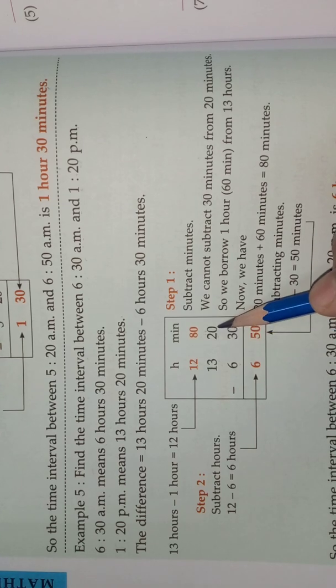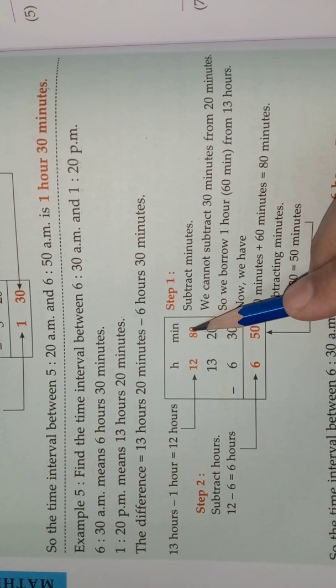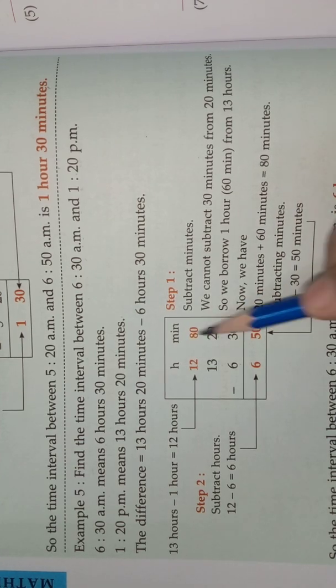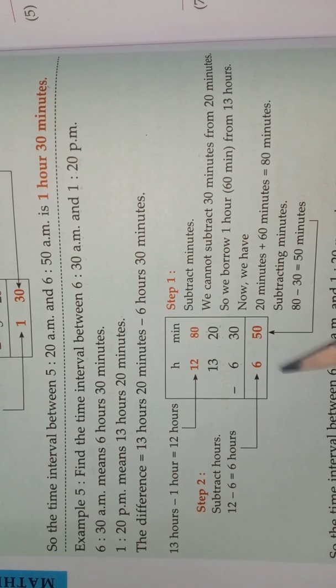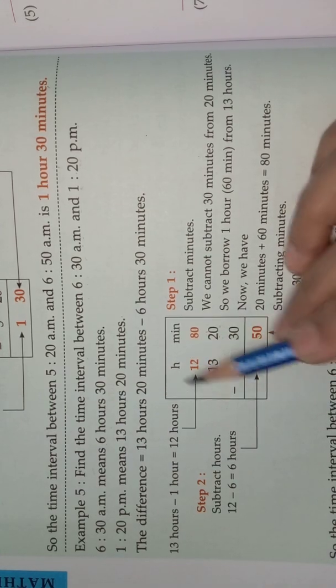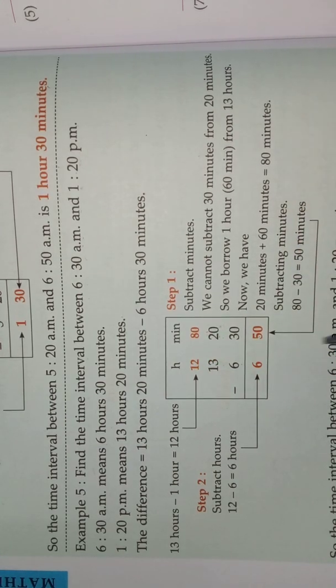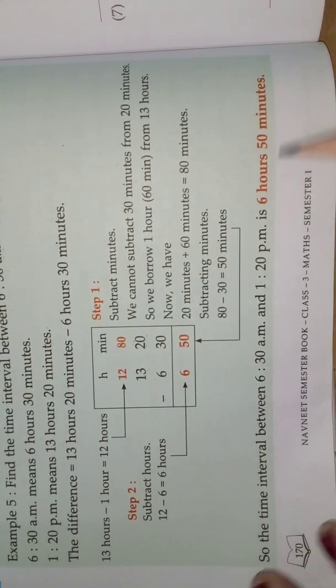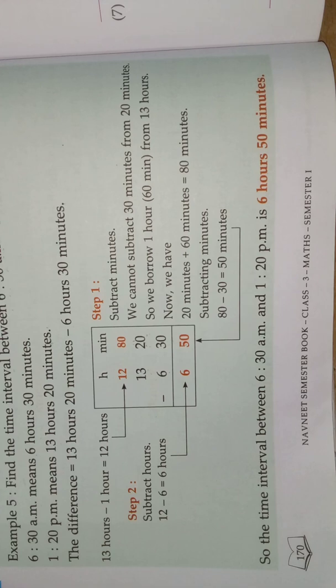So, already 20 minutes is there. So, 60 plus 20, how much? 80. Okay. So, now we are subtracting: 0 minus 0, 0; 8 minus 3, 5. And coming to hours, 12 minus 6, 6. So, what is the difference? Time gap, 6 hours 50 minutes.